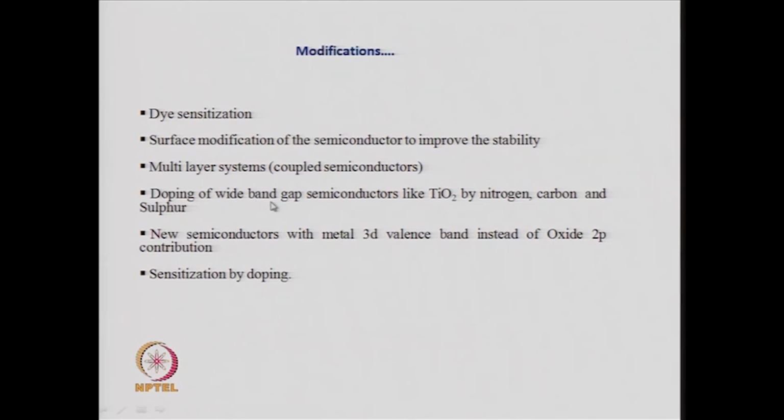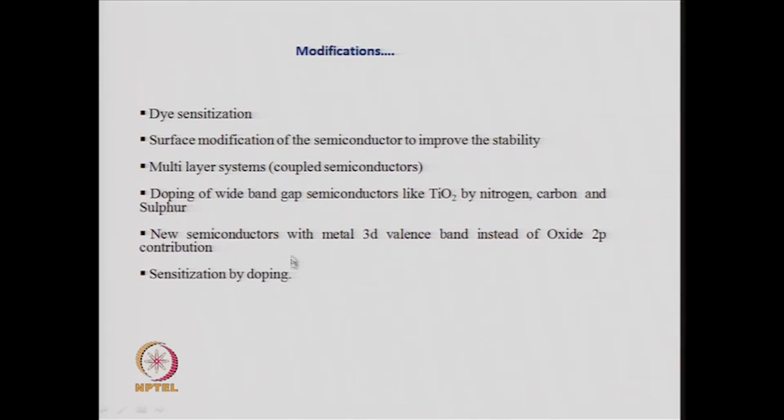So, doping can also help in the presence of holes. Depending on what kind of dopant you use, you can change the nature of the electron hole stability in wide band gap semiconductors by doping with atoms like nitrogen, carbon and sulfur.